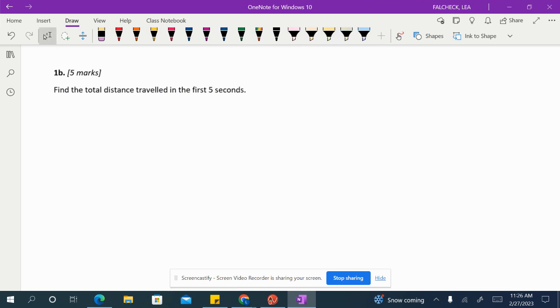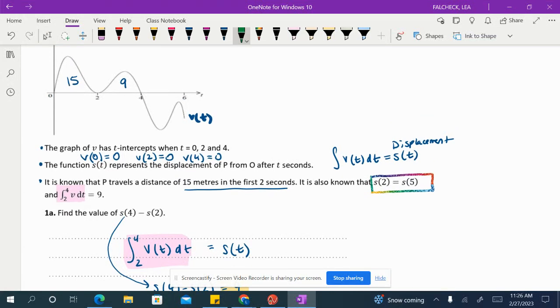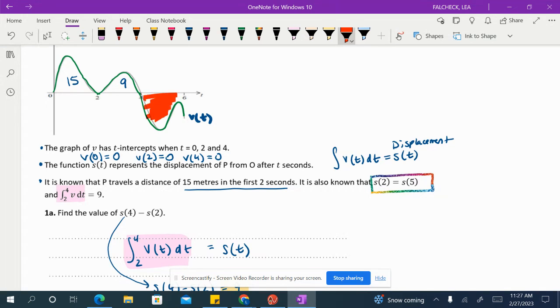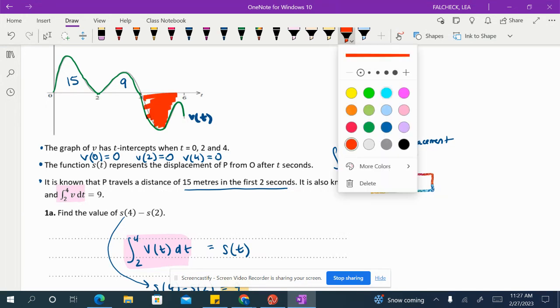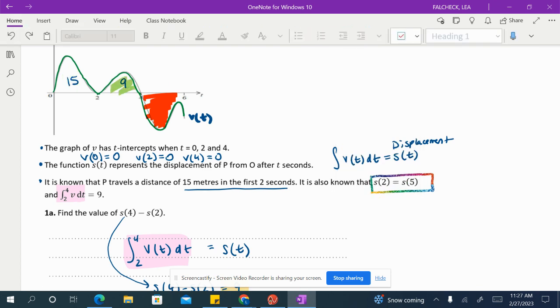1b, find the total distance traveled in the first 5 seconds. Total distance traveled, we're going to be doing this plus this piece plus this piece. Notice that this area is below the x-axis and that these areas are above the x-axis. So they're going to be positive.